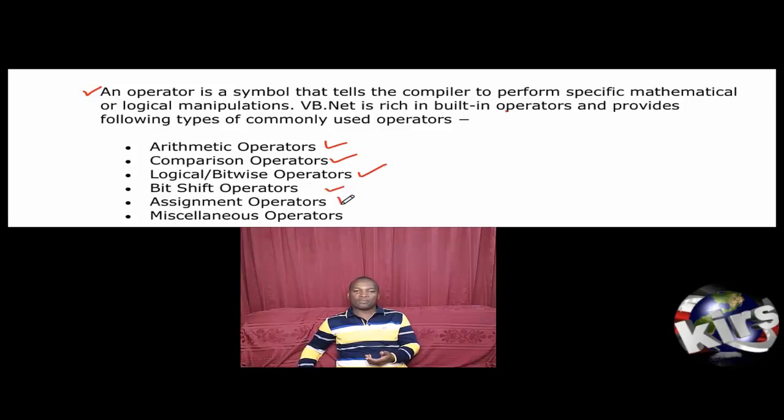We have assignment operators, and to a greater extent, we also have miscellaneous operators. Remember, VisualBasic.net is still growing, and we keep on having improvements, one version after the other. The most current version as of now is VisualBasic.net 2022.